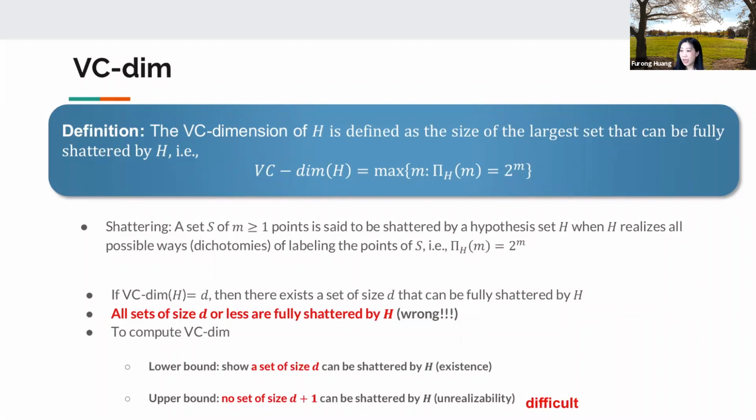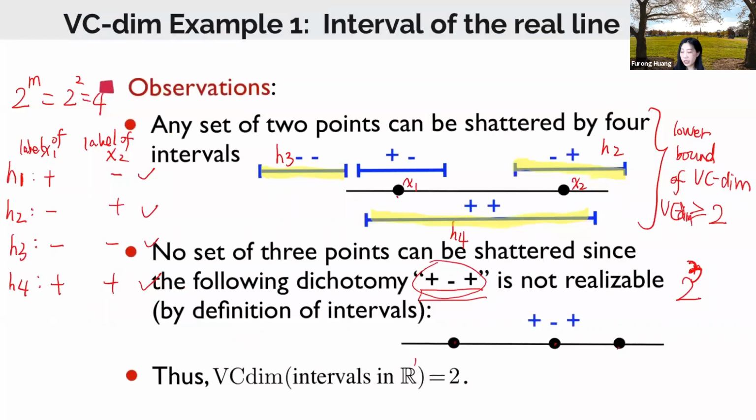Right? This is a simple logical argument, but if you think about it, if I already cannot shatter the 3 points, then of course I cannot shatter 4. Do you see what I mean?